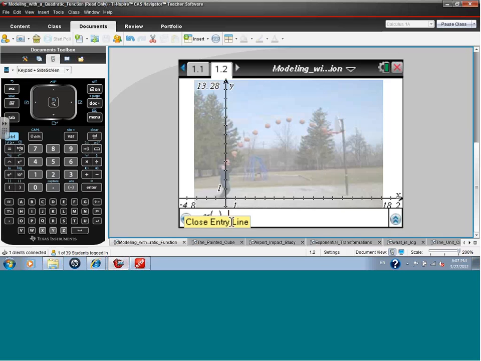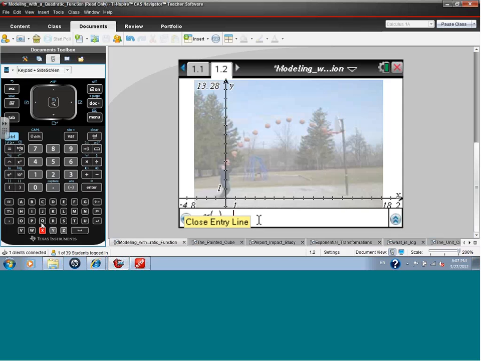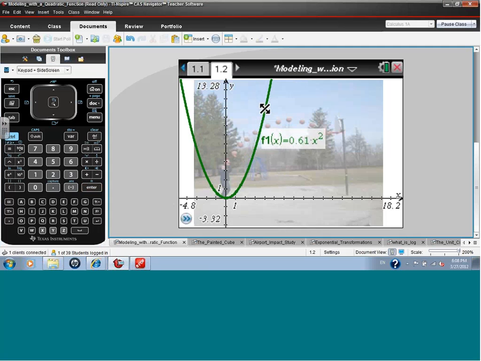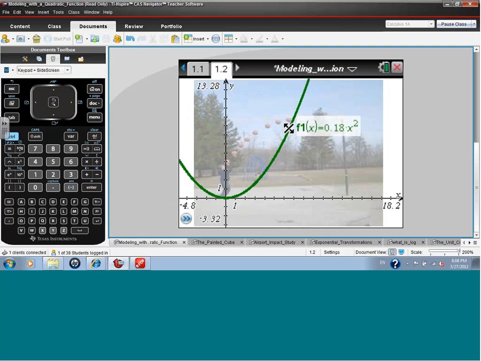So I'll go back to my document, and the function entry line is open at the bottom of this screen, so I can just type in the equation x², which is showing up at the bottom, and when I press enter, we get a parabola, but of course it's nothing close to matching the trajectory of the basketball. But this graph is draggable, so if I hover the cursor over part of the graph and get this slanted icon, it means I can stretch or shrink the parabola.